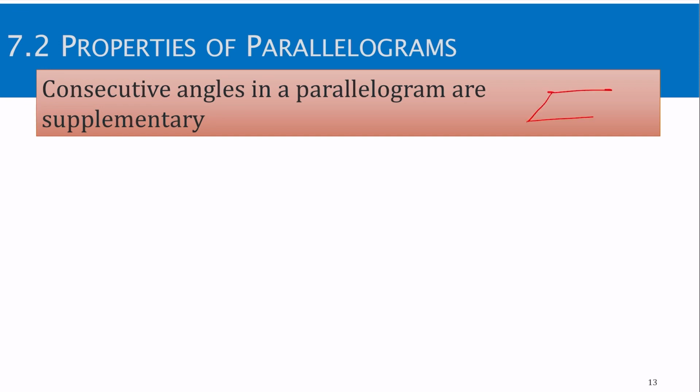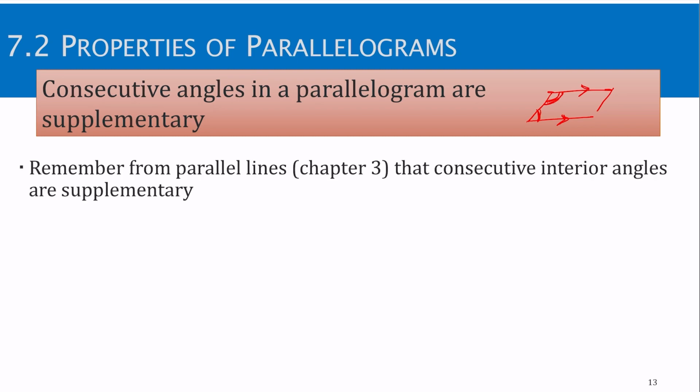So, consecutive angles are like this angle and this angle, the angles that are next to each other. If the sides are parallel, then those angles are consecutive interior angles with parallel lines, which we've already learned are supplementary. That was in chapter 3.